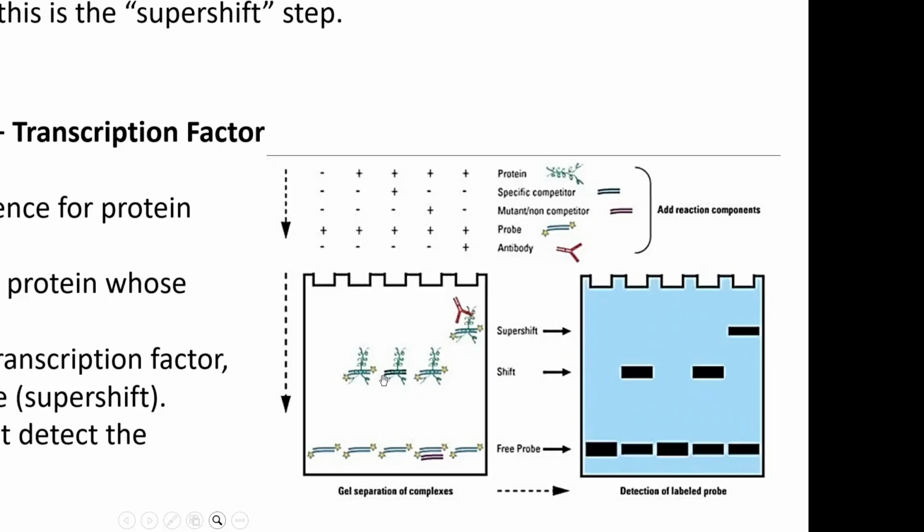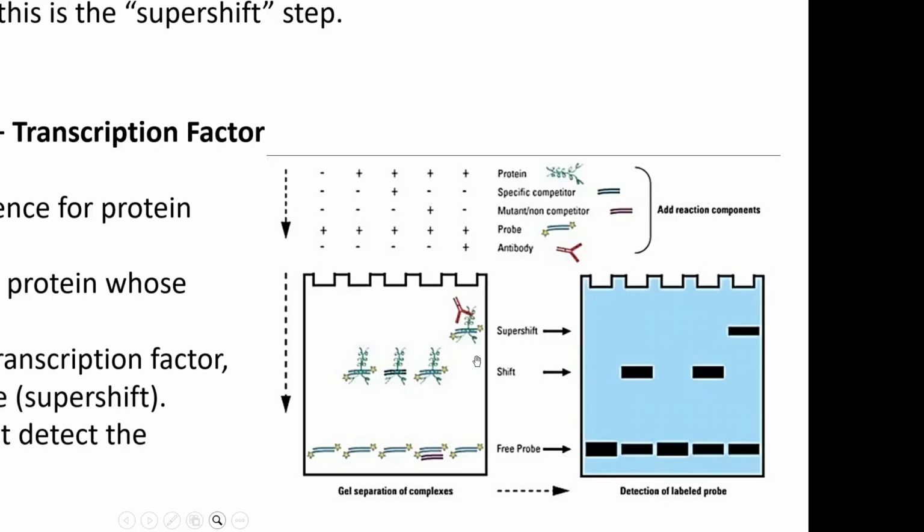Here also you can see that it has been bound. Then in the fourth lane, you have your probe and your mutant competitor, which is not supposed to bind to your protein. You can see that your mutant competitor has gone with your unbound probe, and your probe and your protein is present here.